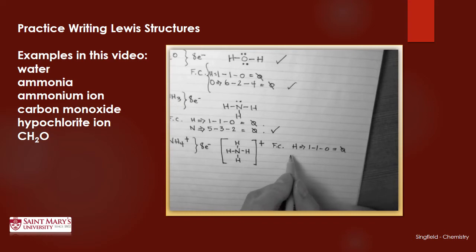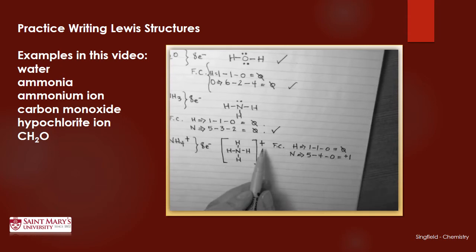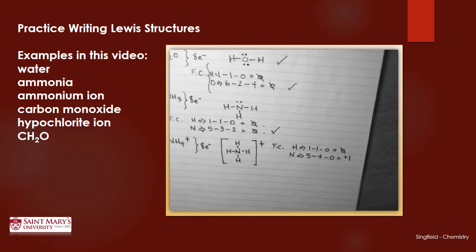And for nitrogen, I have 5 valence electrons minus half of the bonding electrons, 4, minus all of the non-bonding electrons. I don't have any on nitrogen, so that's 0. 5 minus 4 minus 0 is +1. And so I'm actually adding up to the charge on the molecule. So that's my Lewis structure for the ammonium ion.